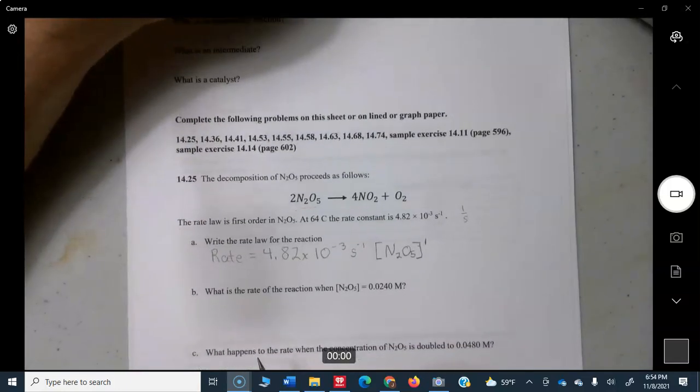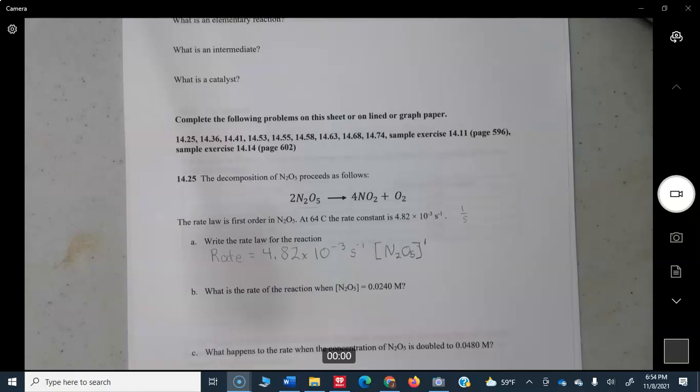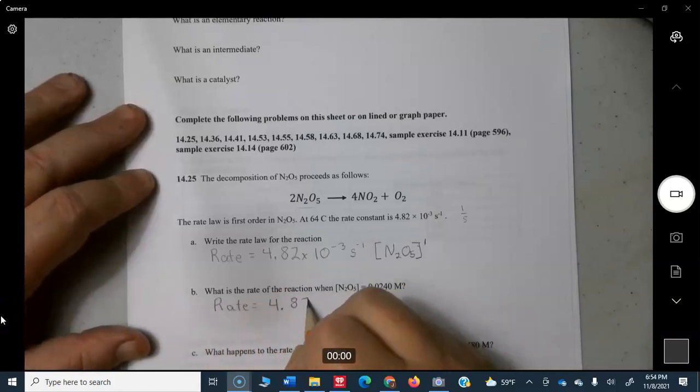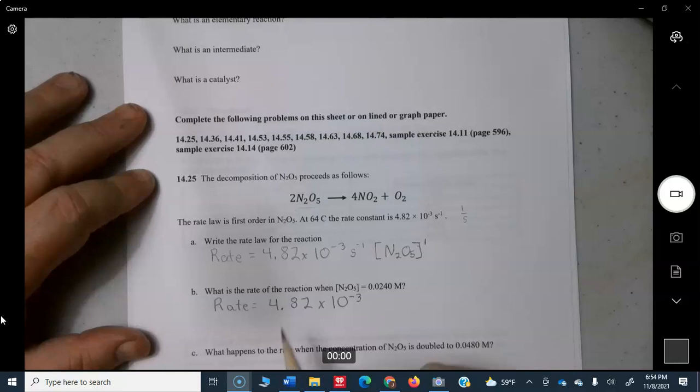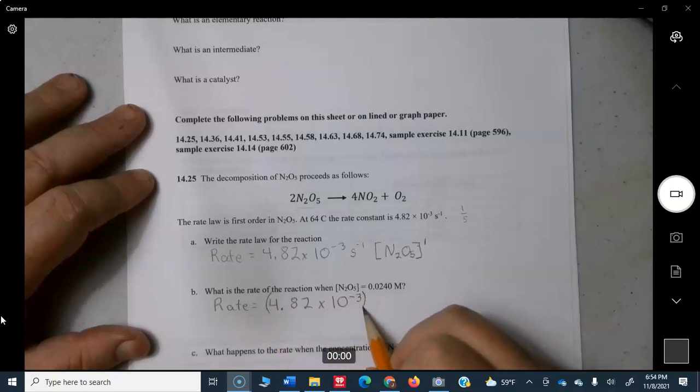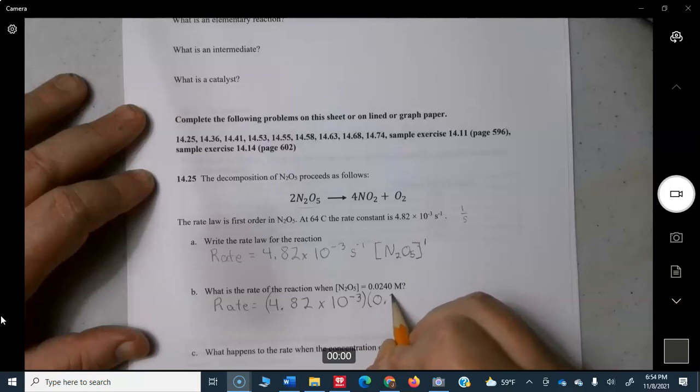B, what is the rate of the reaction when N2O5 is 0.0240 molar? Okay, so you just simply plug that number in. I'm going to go ahead and omit units of measure because rate is always molar per second. So just to keep it from being as cluttered, I'm going to write it like a math equation.